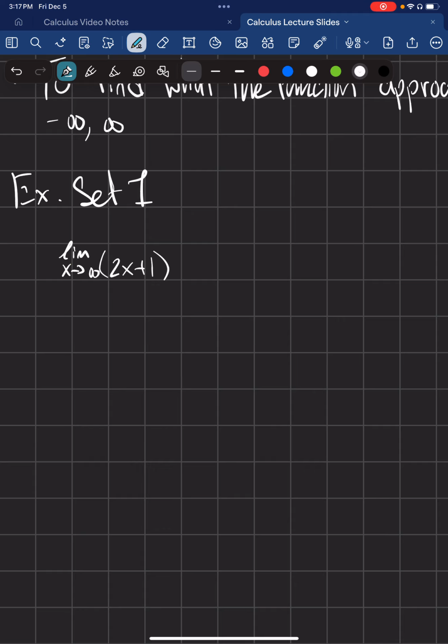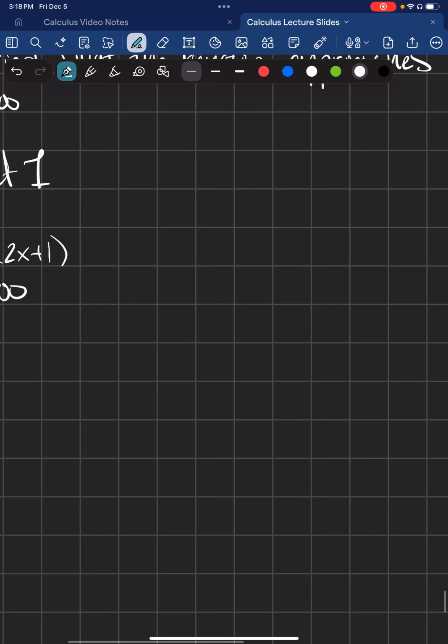In our function 2x plus 1, the 1 really isn't going to matter, and whatever value of x we have, we're multiplying it by 2. So as x gets bigger and bigger, the value of our function also gets bigger and bigger. The limit is going to be infinity.